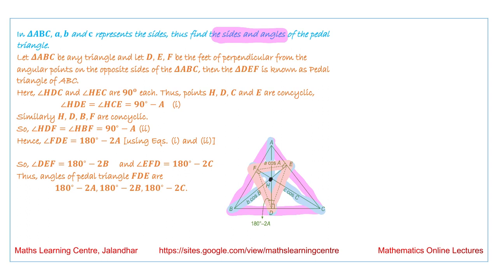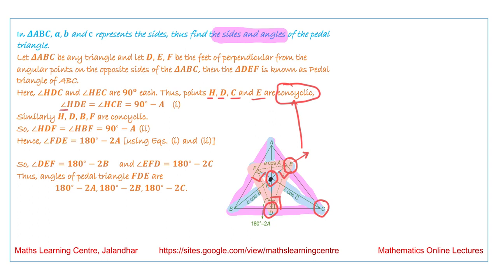In this triangle the angle HDC will be 90 degrees, and the angle HEC is 90 degrees. So we are talking about the points H, D, C and E. These 4 points are concyclic.